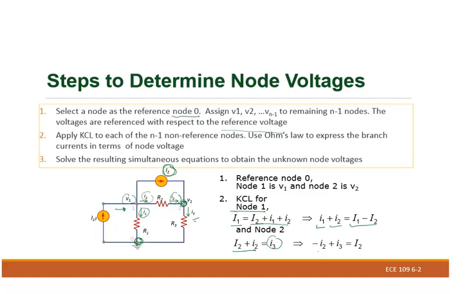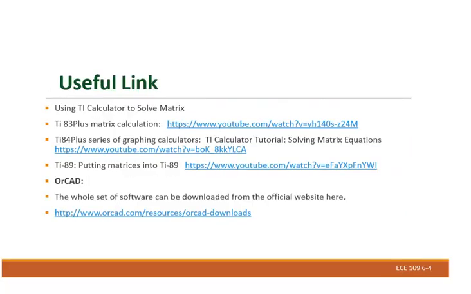If you modify this, we will have negative i2 plus i3 equal to capital I2. So this is our equation 1, this is our equation 2. We don't know lowercase i1, i2, and i3, but we're going to write those currents in terms of node voltages.